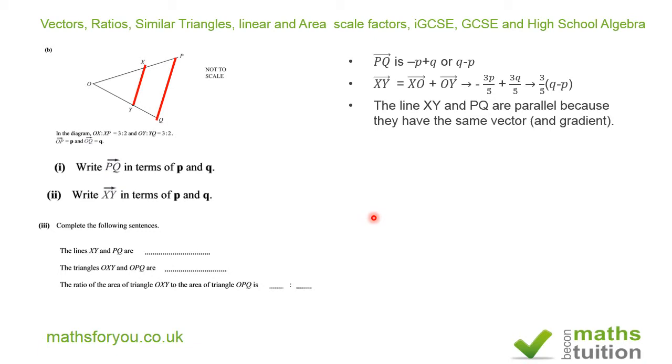And we want to find the ratio of the triangles OXY and OPQ. Because XY and PQ are parallel, it means that the angles OXY and OPQ are corresponding angles and therefore equal.